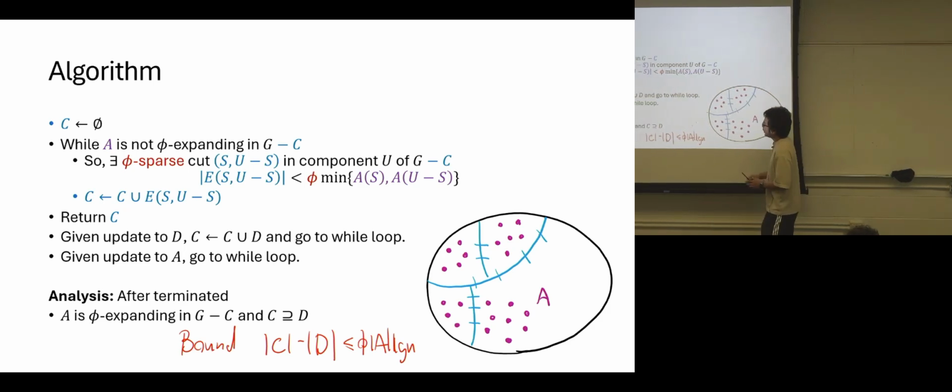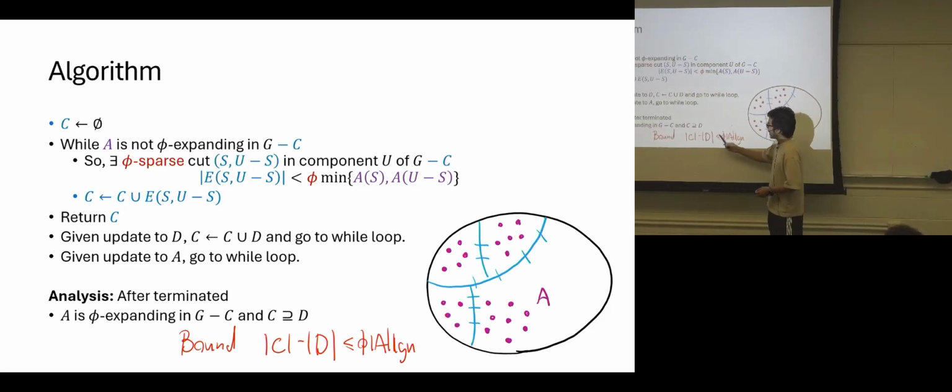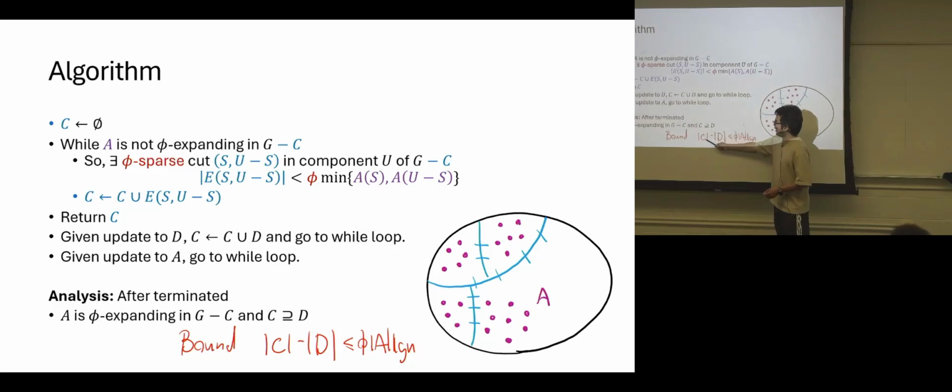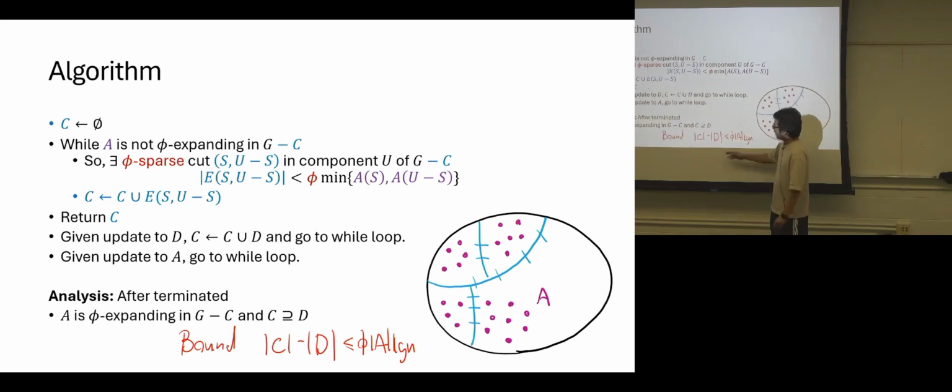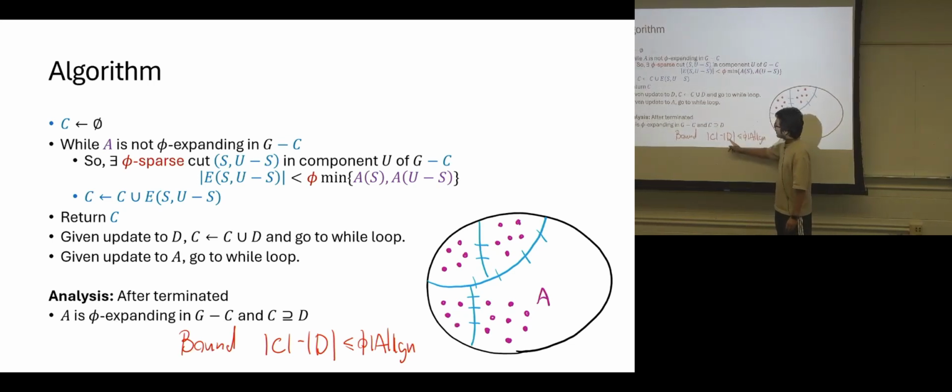Note that when you try to bound this, you know for sure that you cannot bound C only, because D could be big, right? We just need to say that the thing that you delete in addition to D is small.